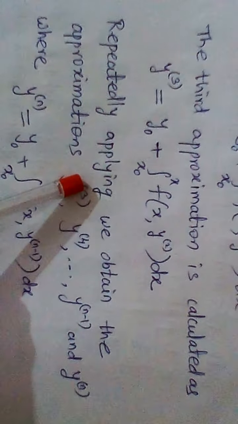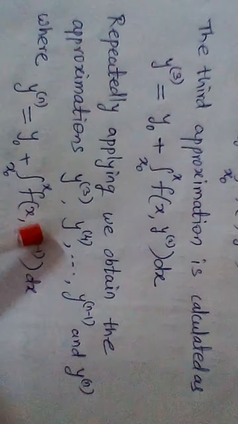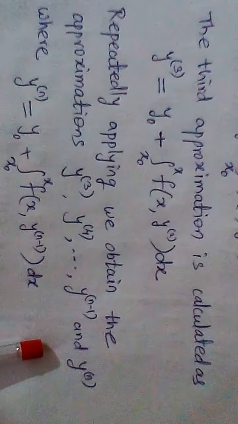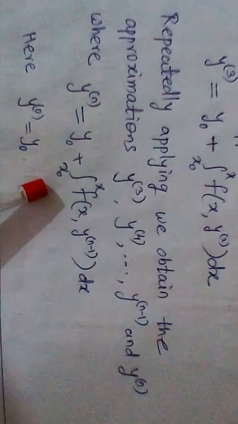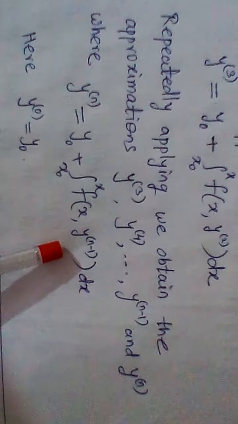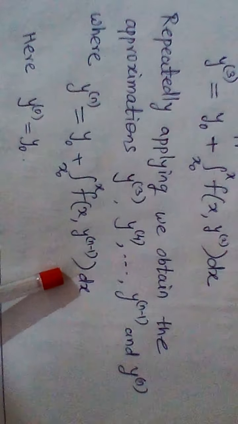So this way, if we go on repeatedly applying, we get the approximations y3, y4 and so on, yn minus 1 and yn. So the general formula for yn will be y naught plus integration from x naught to x f of x comma y n minus 1 with respect to x.